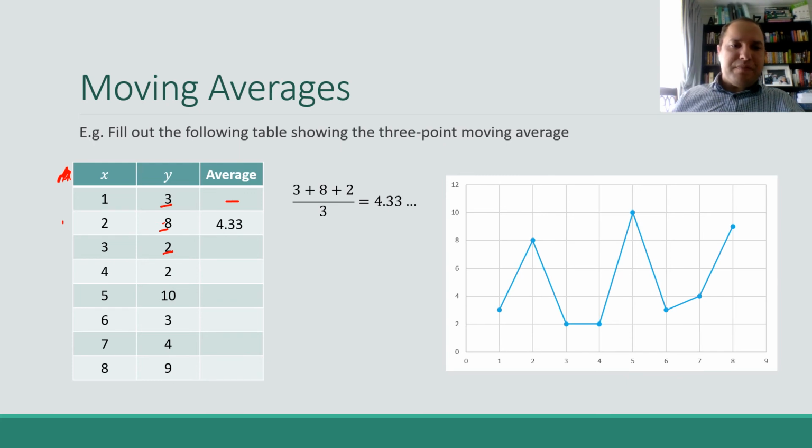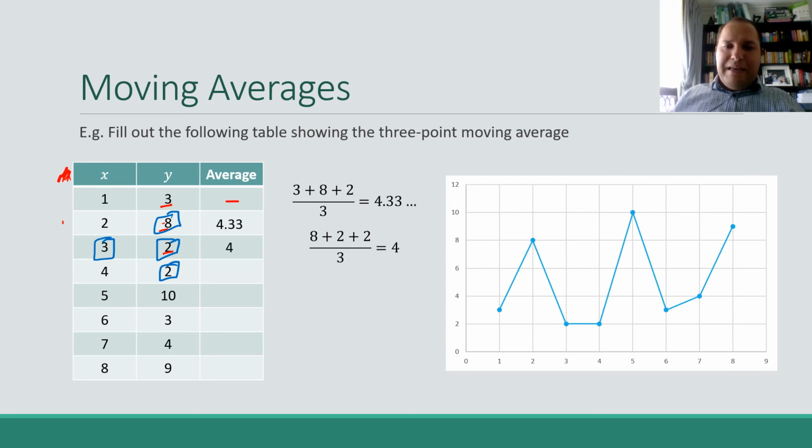Now for our score of 3, to get our 3-point moving average, again we'll use the y value that matches up, and the one above and the one below. We'll average those: 8 plus 2 plus 2 over 3, that's 4. We'll put that into our table.